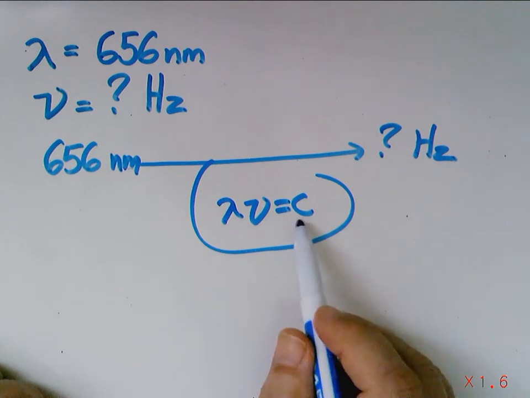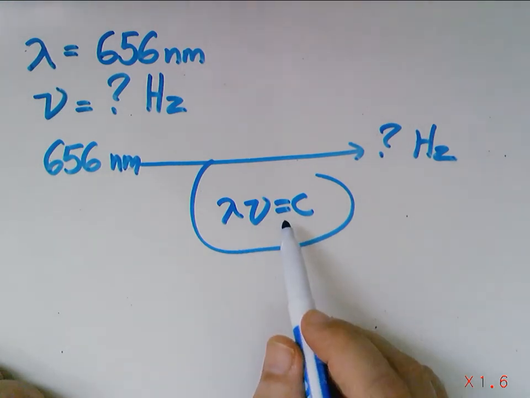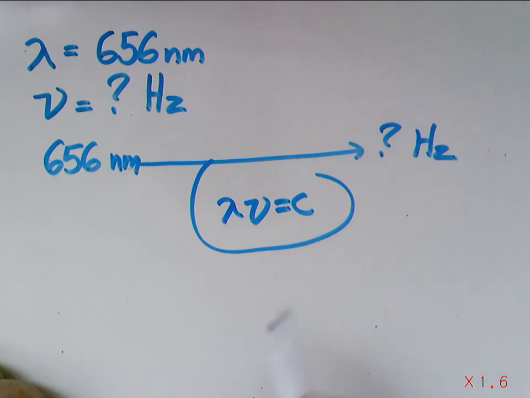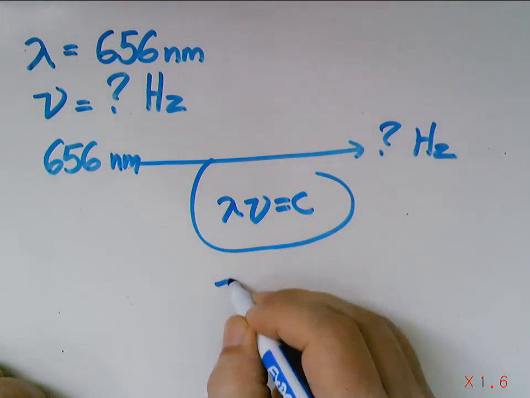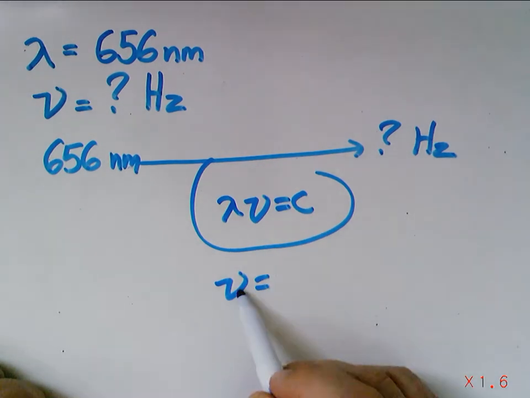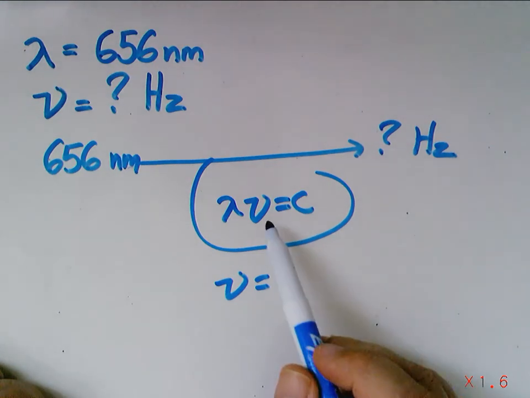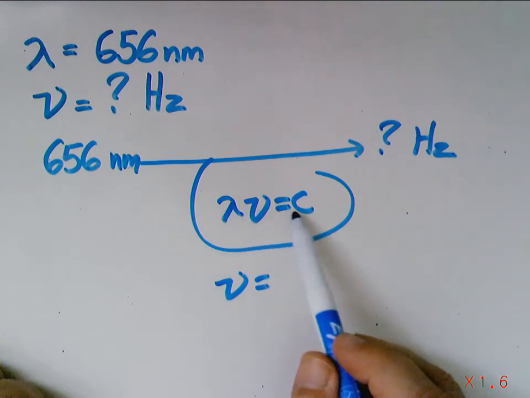What I really want to do when I have an equation in here is solve this equation for my unknown. Here's my unknown. And solving an equation for an unknown is just another way to say I want to get the frequency, the nu, all by itself on one side. So what I'm going to try to do is solve this equation for nu.